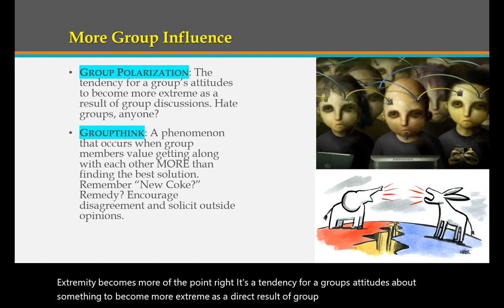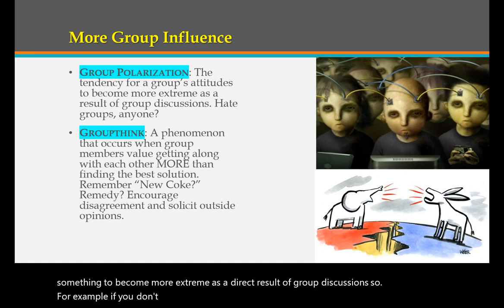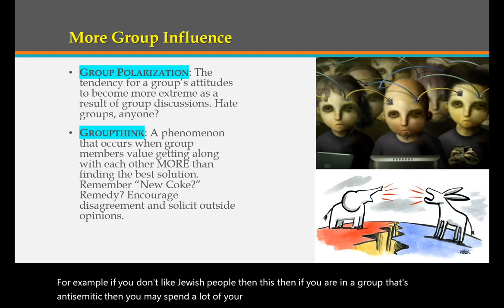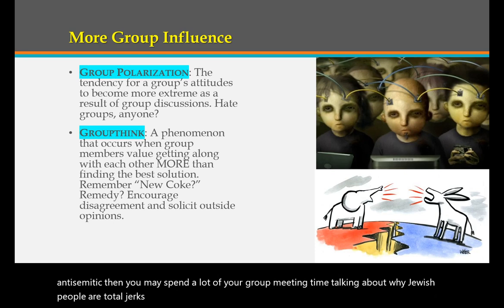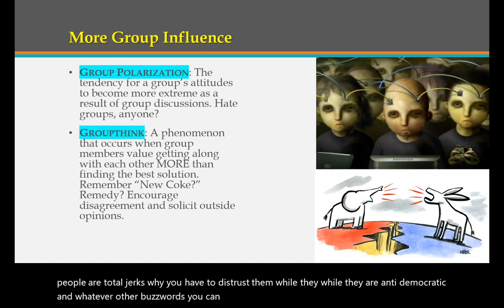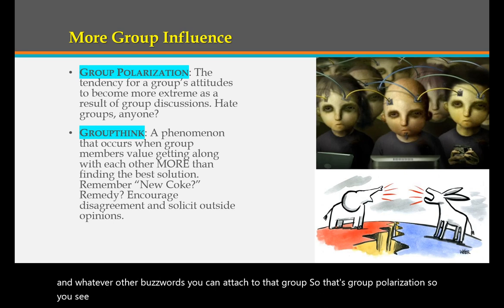So, for example, if you don't like Jewish people, then if you're in a group that's anti-Semitic, then you may spend a lot of your group meeting time talking about why Jewish people are total jerks, why you have to distrust them, why they're anti-democratic, and whatever other buzzwords you can attach to that group. So that's group polarization. So you see you're separating yourself from other groups in the mainstream.